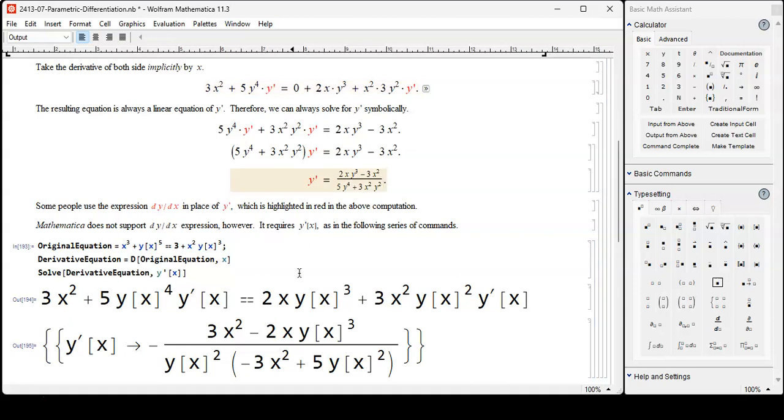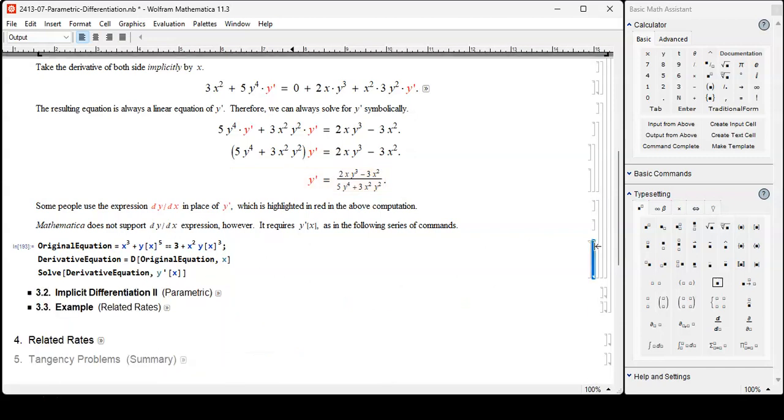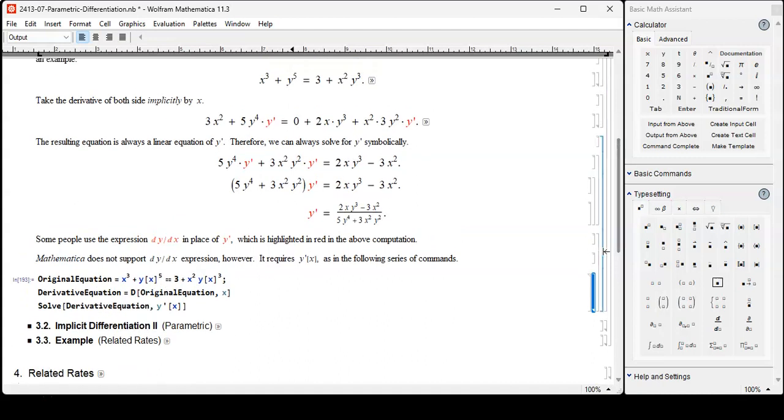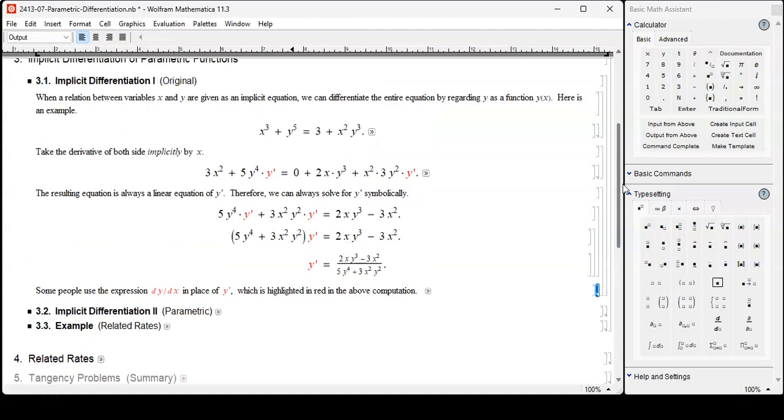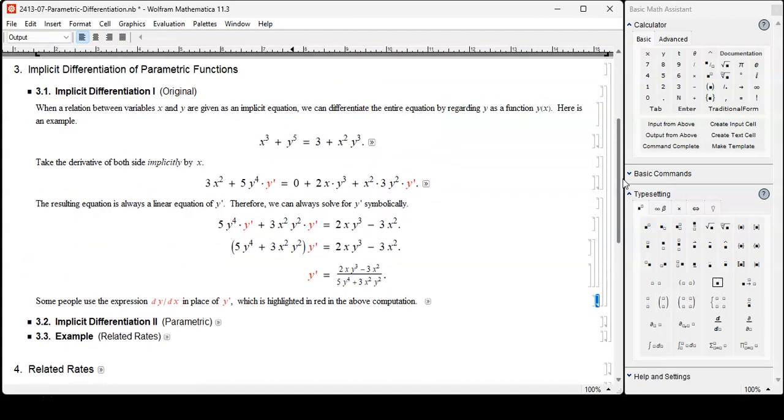And then here, in the outcome and also in the input, we use y of x and y prime of x. Not just Mathematica, but everywhere actually. In all computer algebra systems, Mathematica, Maple, MATLAB, Magma, they all use y primes, not dy dx.